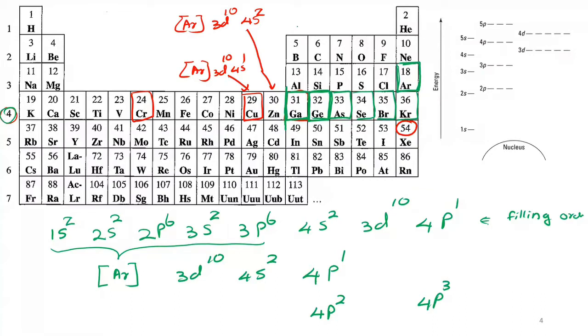So now you can see there is kind of a trend. Everything in this group ends with a p1 configuration. Everything here with a p2. And then p3, p4, p5, p6. Now, helium is an exception. Helium, we don't have any p electrons or p orbitals.